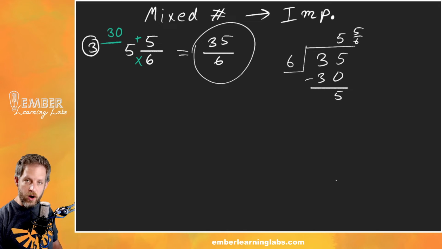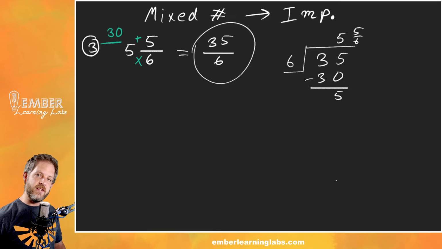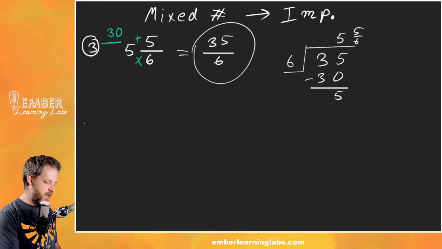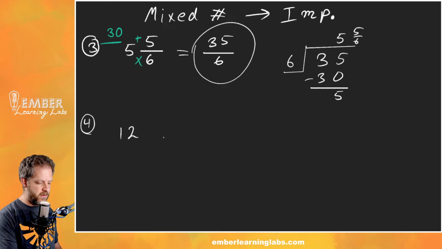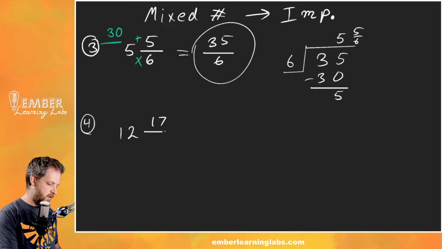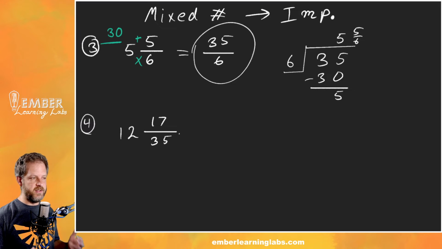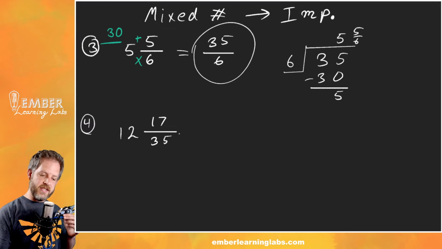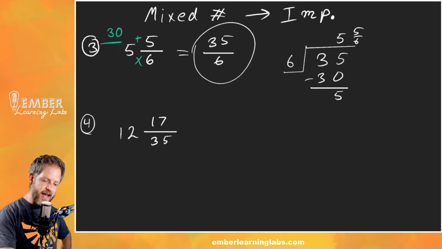Let's do one more example of converting mixed number to improper fraction, and then we're going to be done with this lesson. So let's do 12 and 17/35ths. That way we get more practice with some two-digit stuff. So we're going to do the same thing. Same plan here.